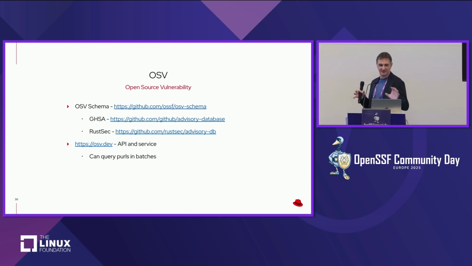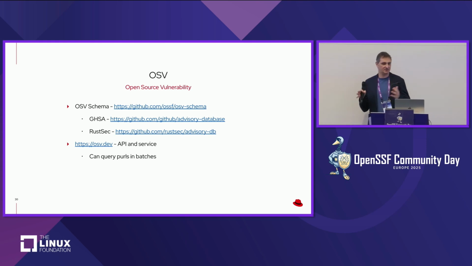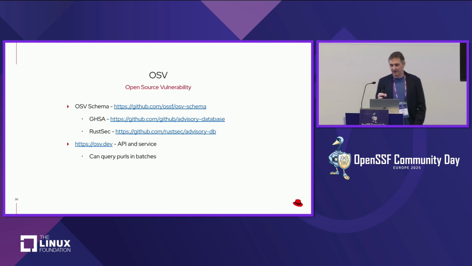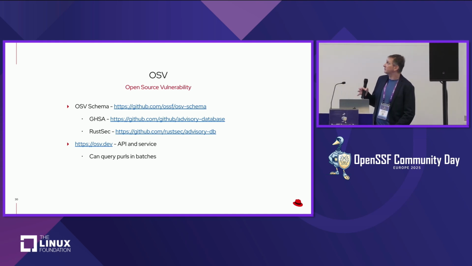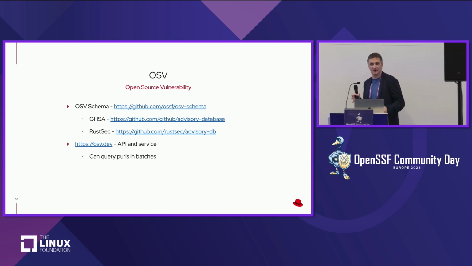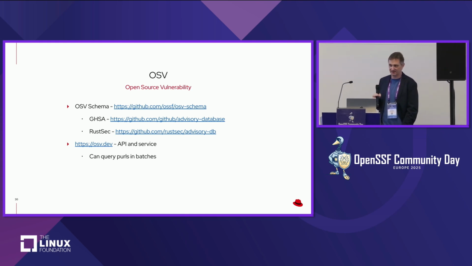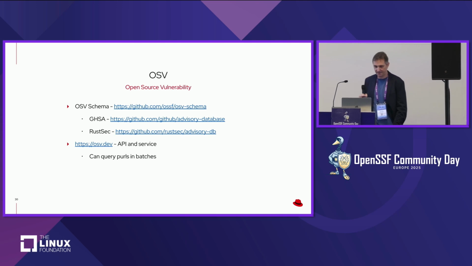The whole OSV project consists of two major parts. One is the OSV schema. Again, a JSON schema in which we can publish OSV reports. Very similar to the CVE one, and it's already very widely adopted. So, for example, GitHub security advisories are using the OSV schema, the same as Rust security.